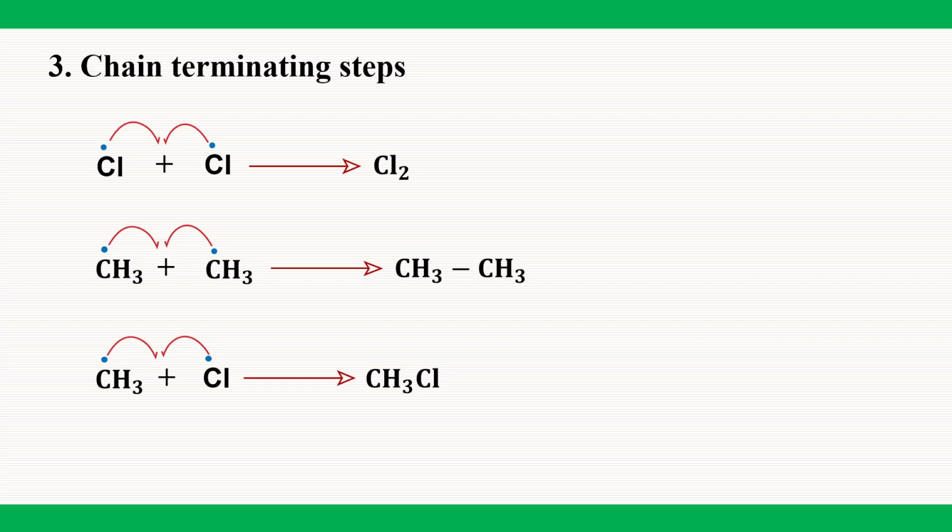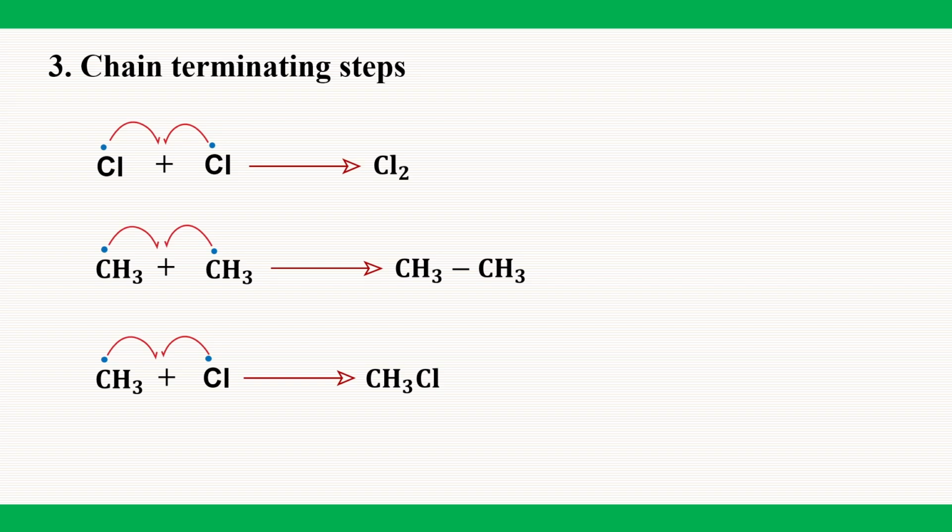I explained to you the mechanism of chlorination of methane. Homolysis of a chlorine molecule takes place in the first step to make two chlorine free radicals.